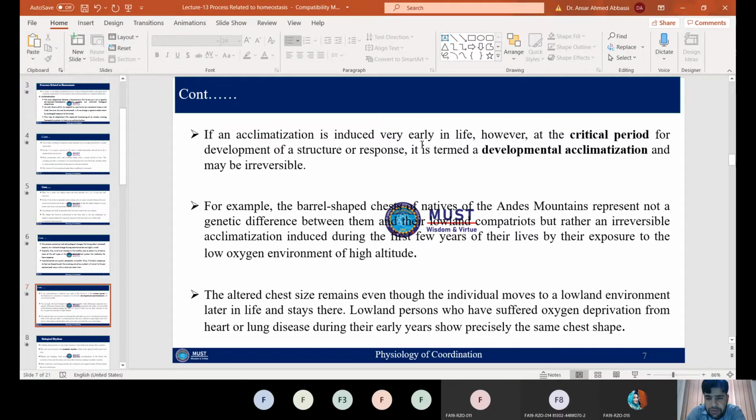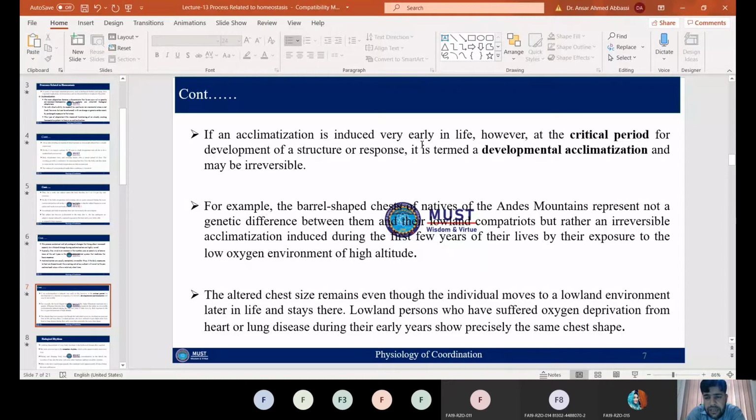But when we compare those natives of the Indus Mountains with their lowland companions, the lowlanders will have a broad chest. So these barrel-chested individuals, even if they are moved to lowland areas, will still have the barrel-shaped chest, because that is basically developmental acclimatization. Their chest developed during their development.